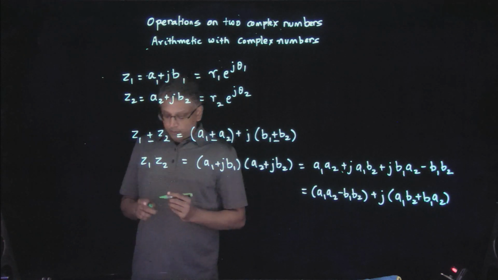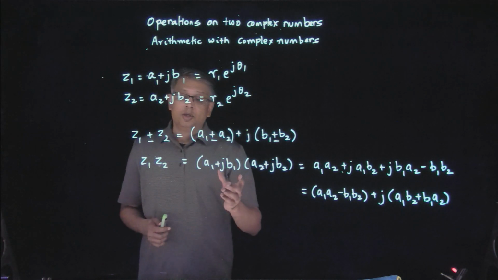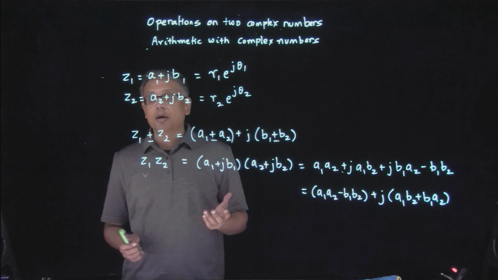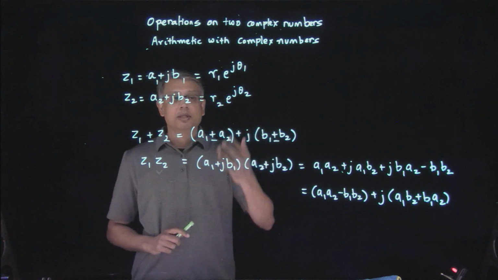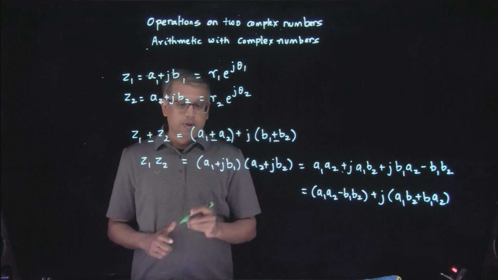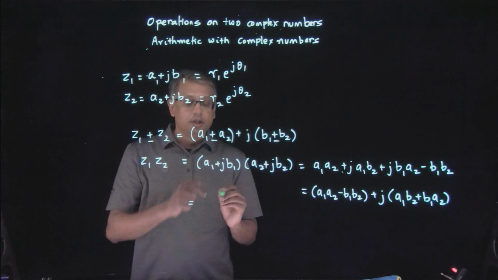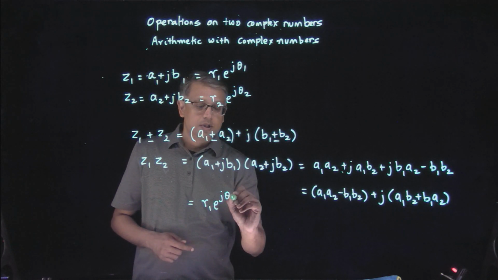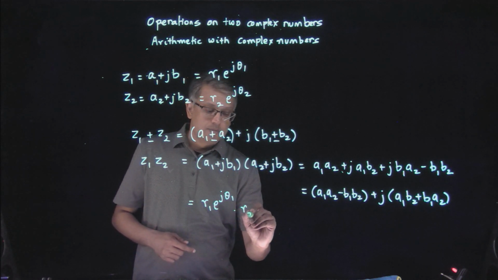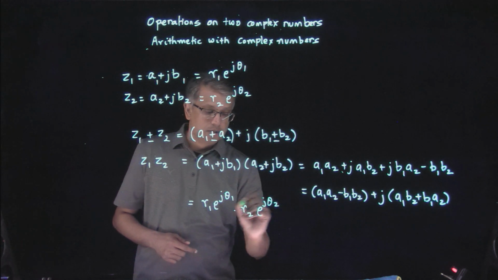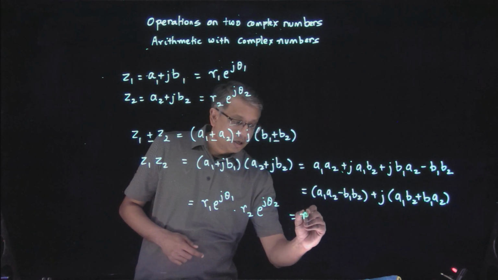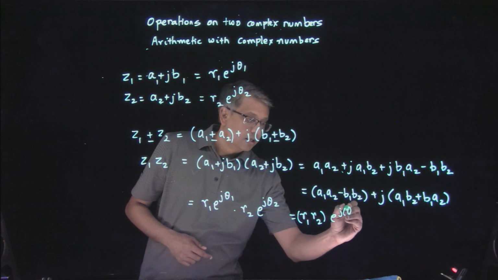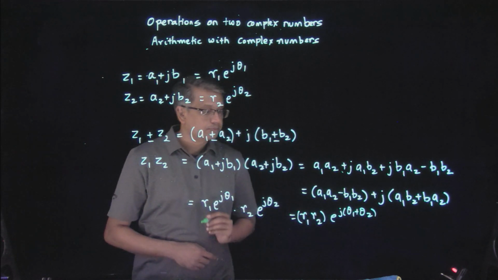However, it will be much easier for you to multiply two complex numbers using their polar representation. So if that's an option for you, I think you should certainly consider that, because that's going to be a lot easier. When you multiply z1 and z2 using their polar representations, you're going to get r1 times e to the j theta 1 times r2 times e to the j theta 2, which gives you r1 times r2 times e to the j theta 1 plus theta 2.